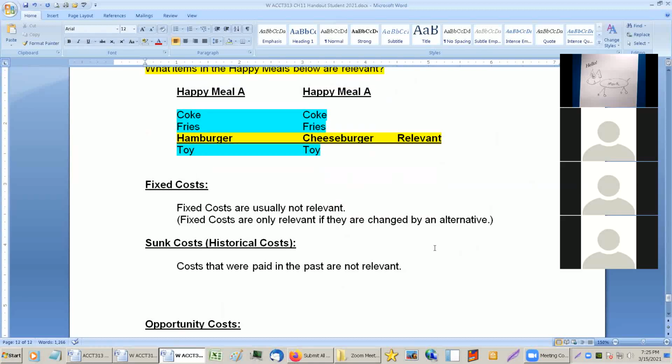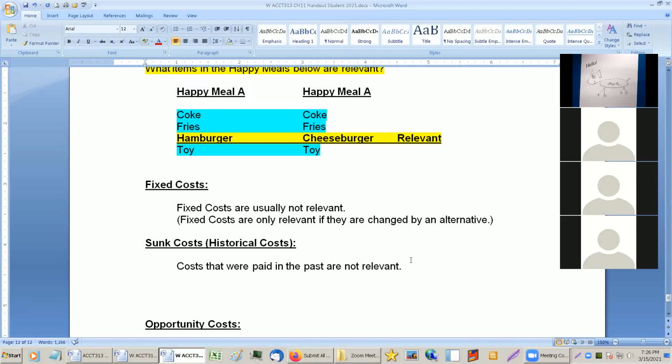Can they change? If I paid $10,000 for a car last year, is that $10,000 that I paid for the car ever going to change? No, because it can't change, it can't be relevant. So to a decision, it's not relevant.